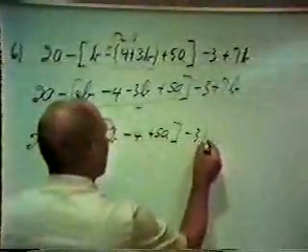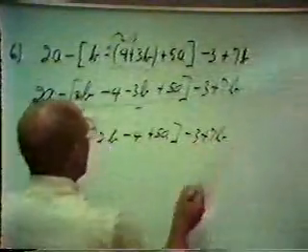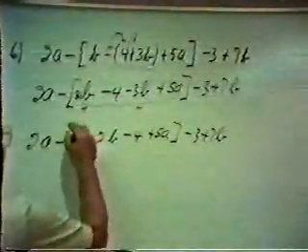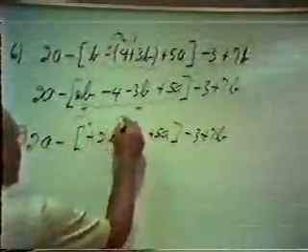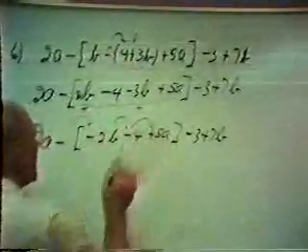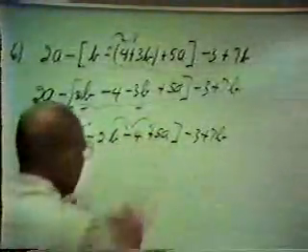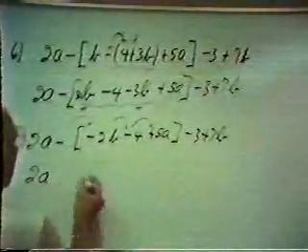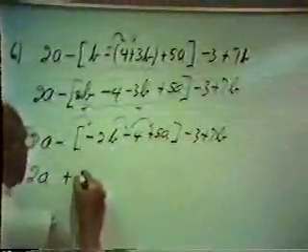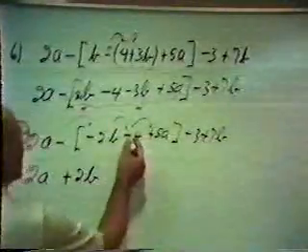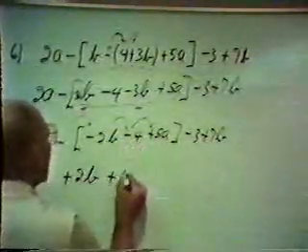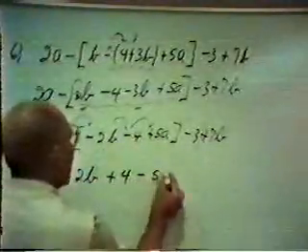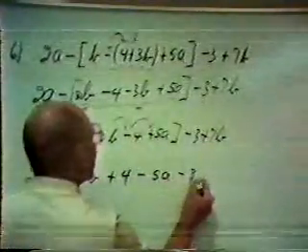Then the rest of my problem, preceded by a minus sign now. Remember, you must change the signs of each one of the terms that are within if it's preceded by a minus sign. So that would give me then 2A. Now, this would become plus 2B. This would become plus 4. This would become minus 5A. And then, of course, the rest of my problem.